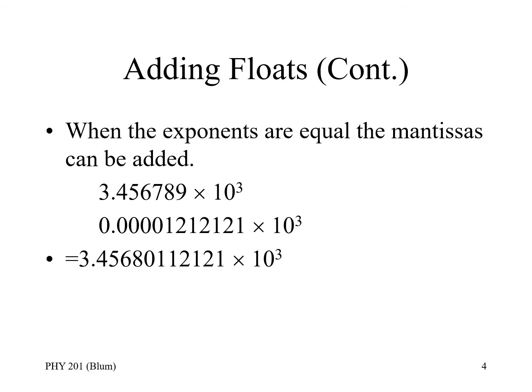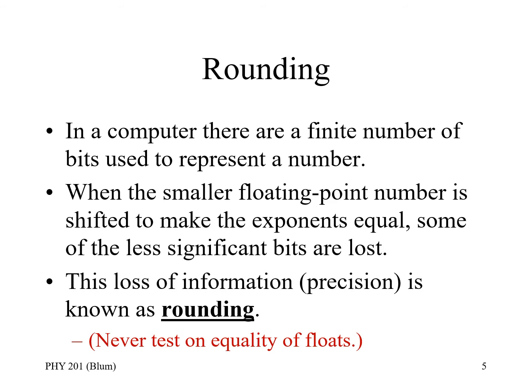Once the two numbers have the same power of 10, then we are in a position to just add the numbers in front. So as we prepare the two scientific notation numbers to be added, we picked on the smaller number and we shifted it until we got two numbers with the same powers. But remember that in computer science, there is always a finite number of bits being represented at any one time.